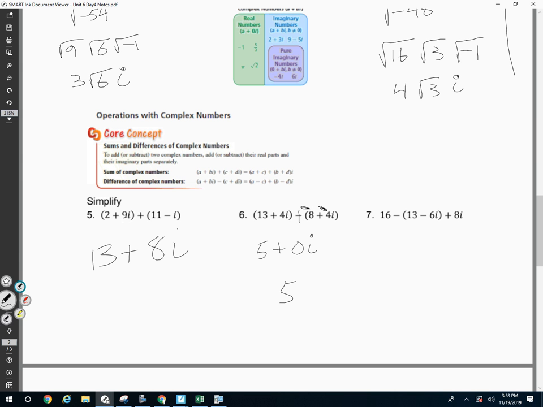We add our common terms together. We can add our i's together. We can add our numbers together. Distribute the negative. Combine your like terms.